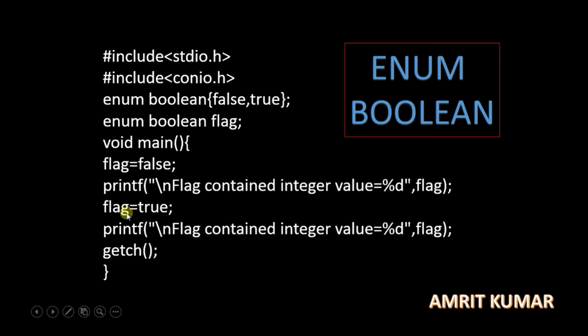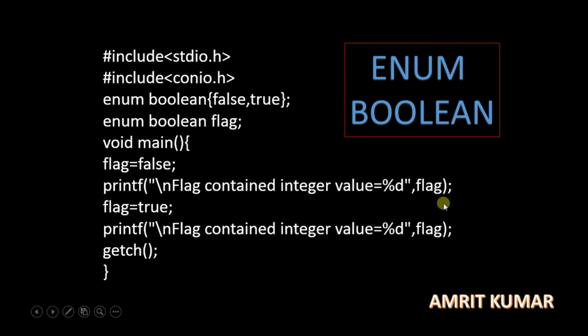Then I am assigning the true value to the flag, and I am printing the flag containing integer value equal to %d. So whatever value flag contains is going to be transferred here. Because flag is a variable of data type enum Boolean, and enum Boolean contains false and true.